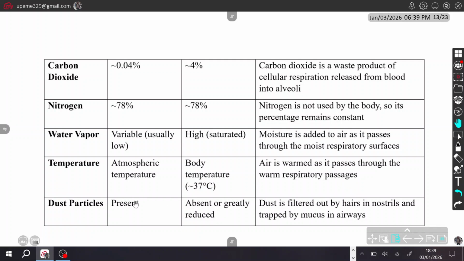Then in terms of dust particles, the air we breathe in has dust particles present. The air we breathe out has them absent or greatly reduced. Why? Dust is filtered out by hairs in the nostrils and trapped by mucus in the airways.